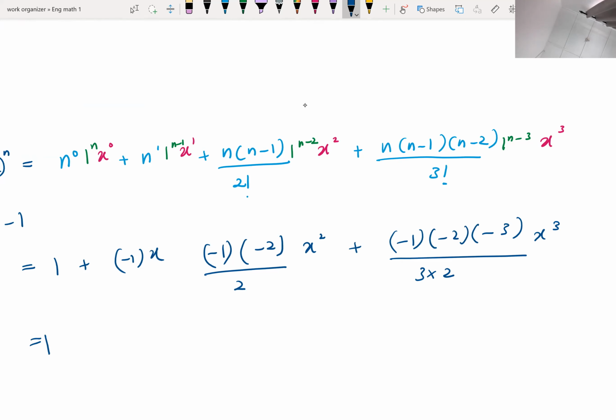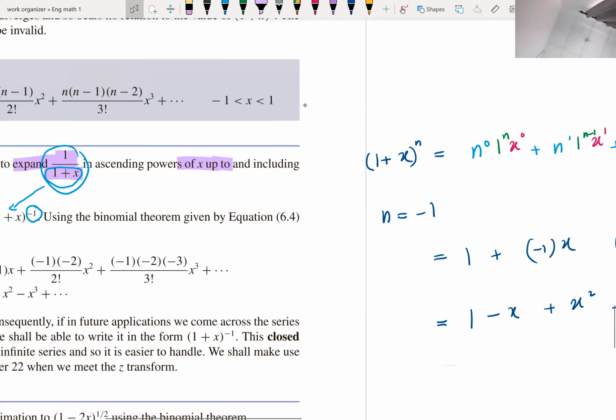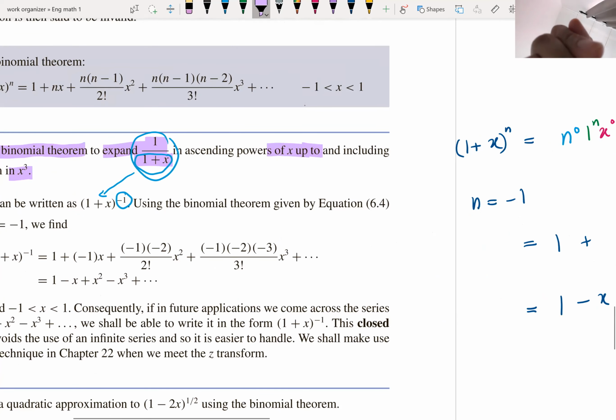Simplify: 1 minus x plus x squared, because the negatives cancel, and then minus x^3. So this is the answer. The signs alternate: plus, minus, plus, minus.